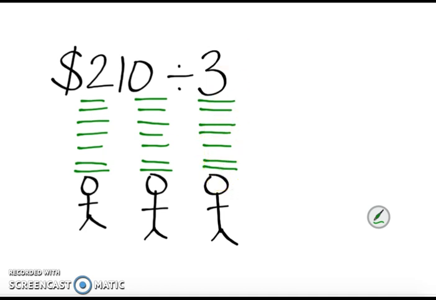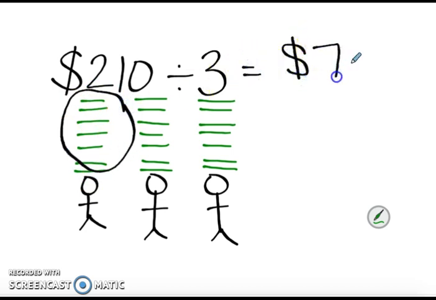Okay, if we go back, we know that each person got an equal amount of money. Okay, now each person got 10, 20, 30, 40, 50, 60, 70. So our answer is $70.